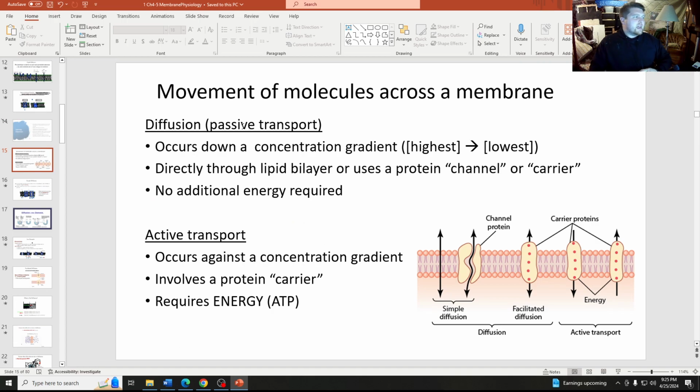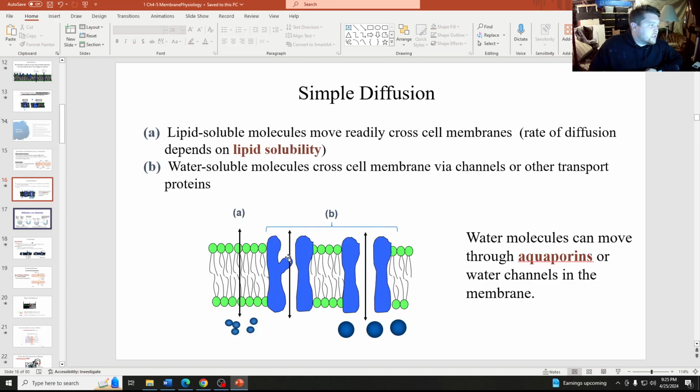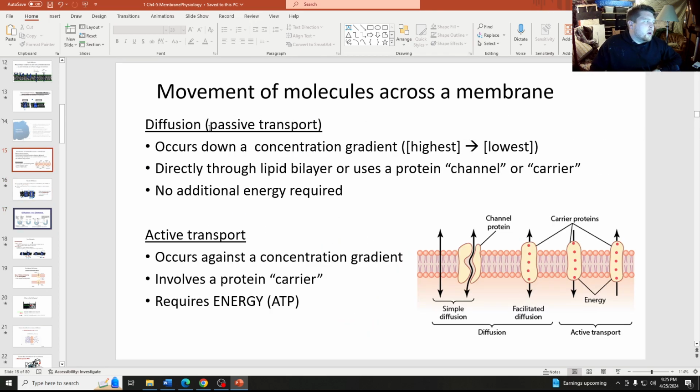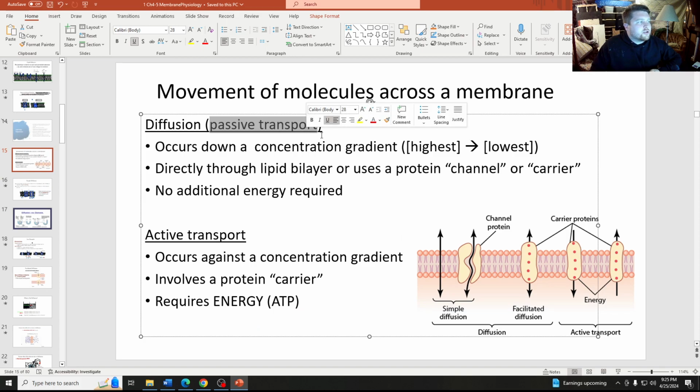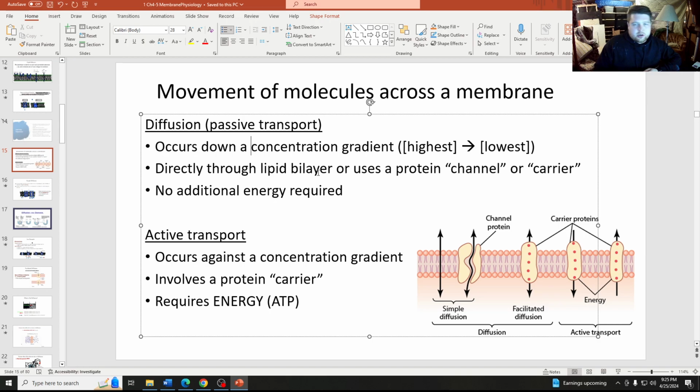Now, diffusion in itself, the way that we just described it, where things can just pass through, crossing according to the gradients and however it wants to try and balance itself out, is also known as passive transport, which occurs down a concentration gradient. So we're going from an area of high concentration to an area of low concentration of the solute.